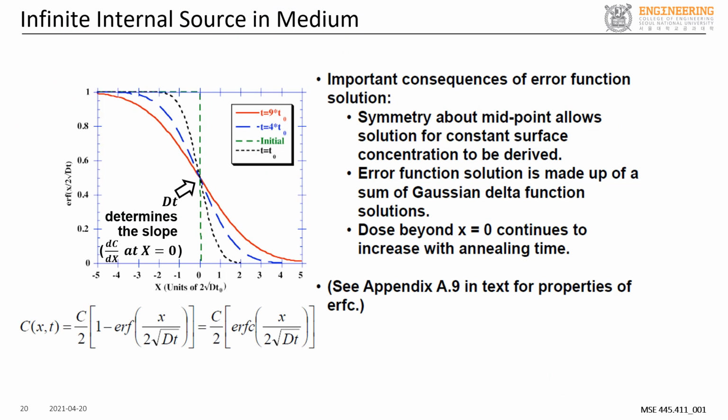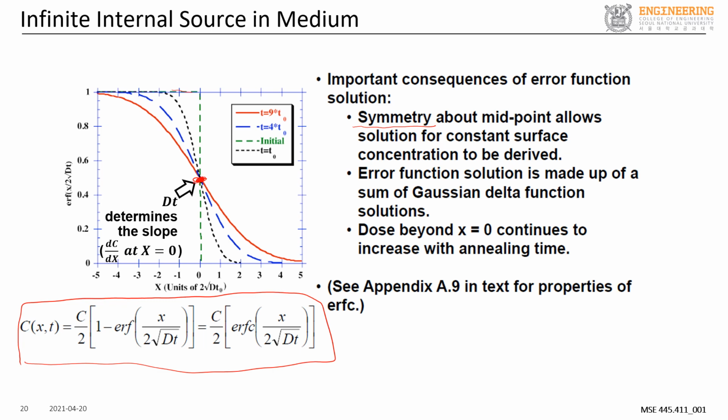So one interesting feature of this complementary error function, this is the same equation, and it's basically symmetric. So you can see the symmetry along this point. They always cross this point.